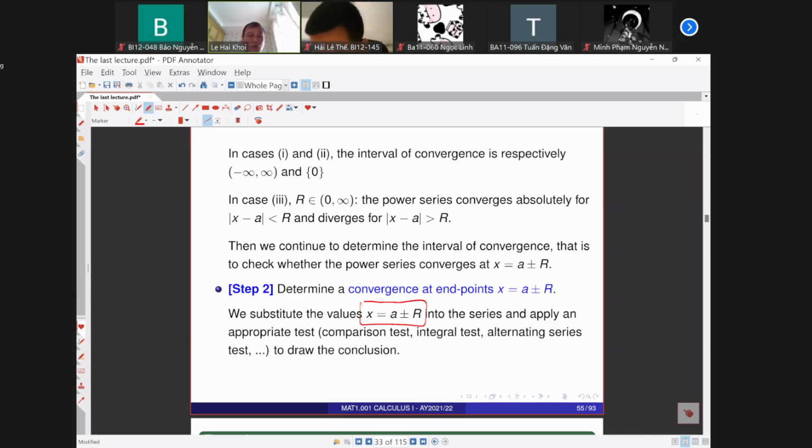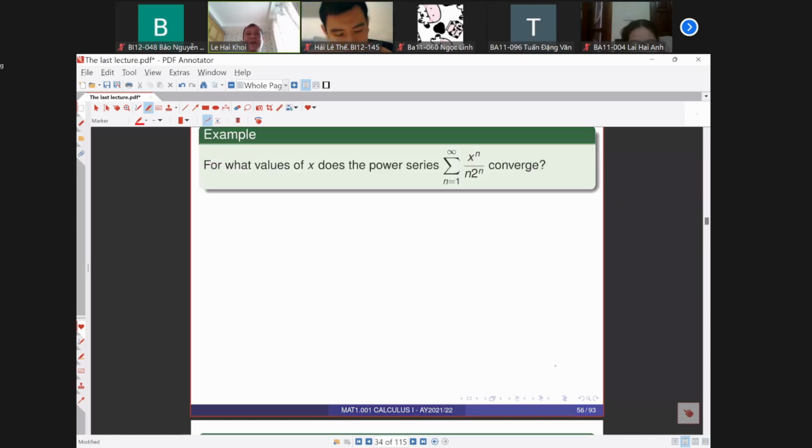From that, you apply the test convenient for you and get the conclusion. If you don't have any conclusion on that, this means that your interval of convergence is not yet determined. Okay, so for example, we look at this example. For what values of x does this power series converge? More or less, it means that you have to find the interval of convergence.